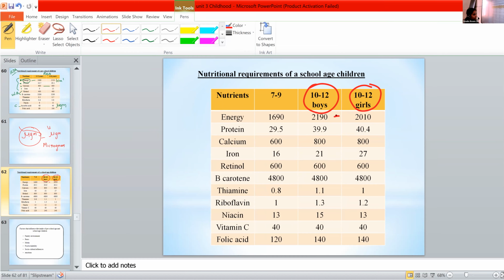What about girls, Sana? Is it more or less? Less. Why, Meghna? Because boys are the most active ones at that age. Good. Then protein is almost the same, 39.9 for boys and 40.4 for girls.